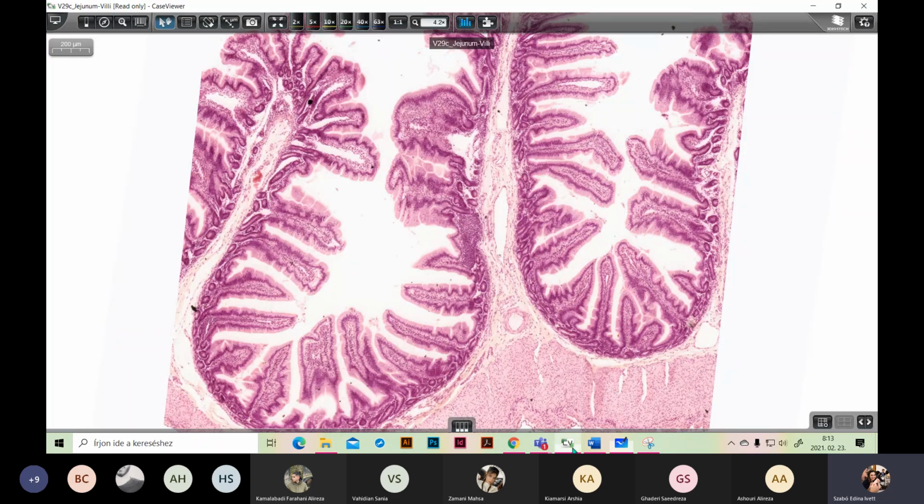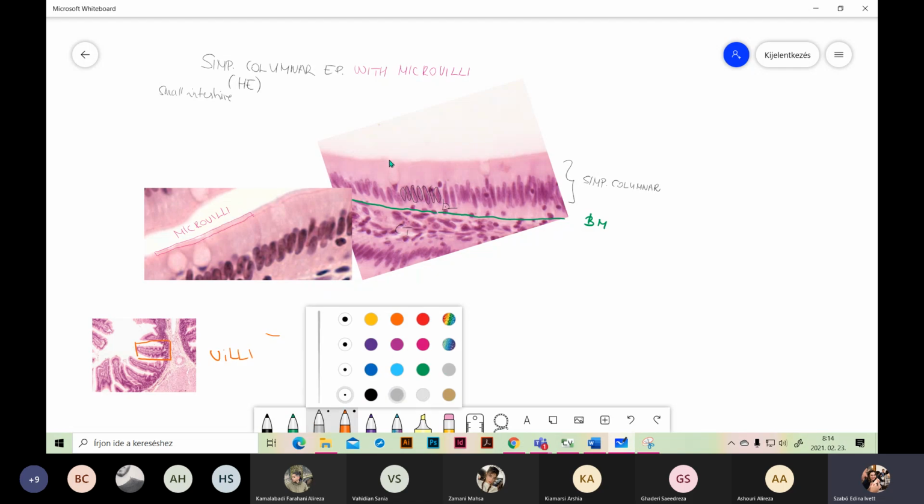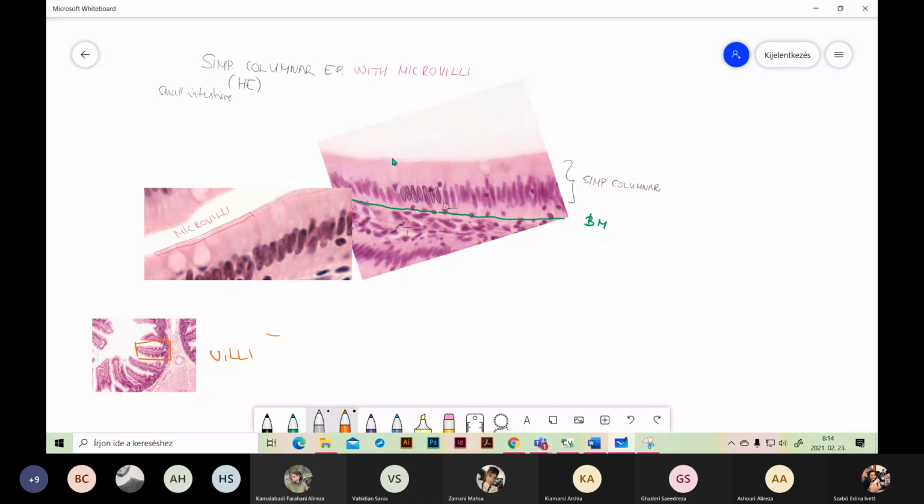Use this picture again. Here you see some extra cells. For example, here you see a goblet cell. This is a goblet cell here. It's called goblet. Here is another goblet cell.